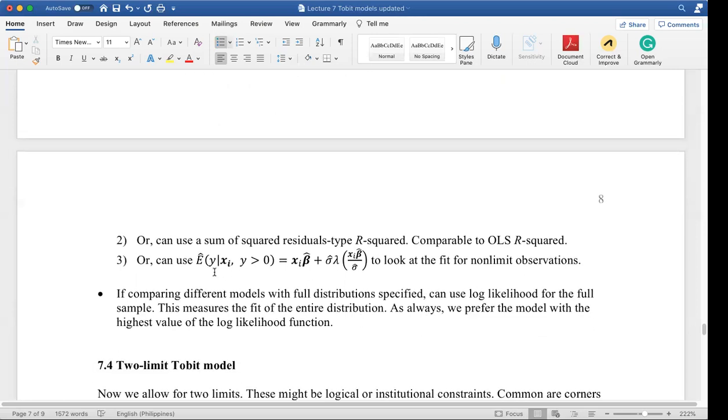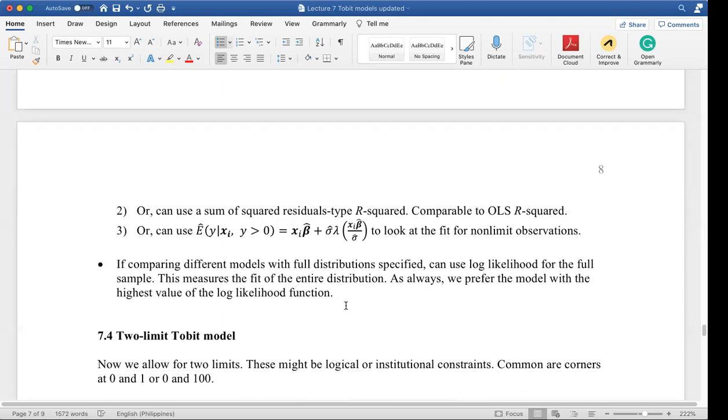Or you can use the predicted values given here to look at the fit for non-limit observations if you're concerned about particular observations. If comparing different models with full distributions specified, you can also use the log likelihood for the full sample. This measures the fit for the entire distribution. Okay, as always we prefer the model with the highest value of the log likelihood function. Okay.